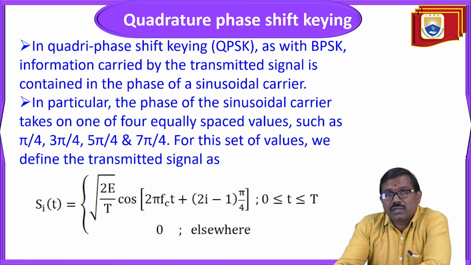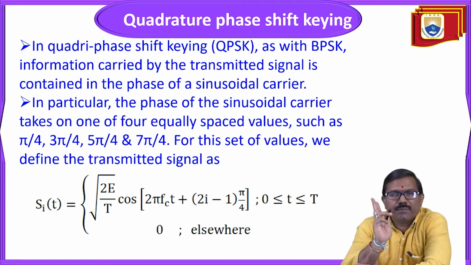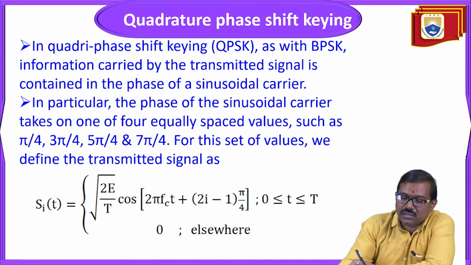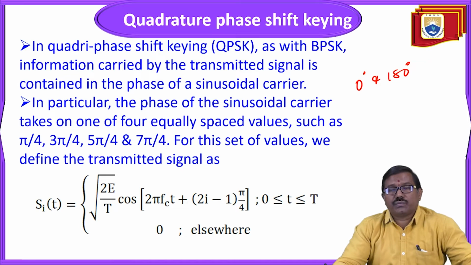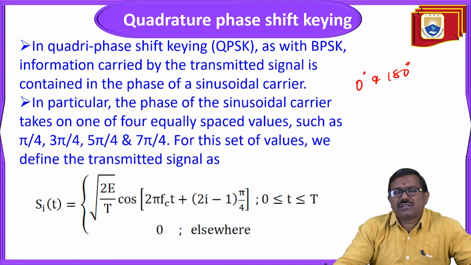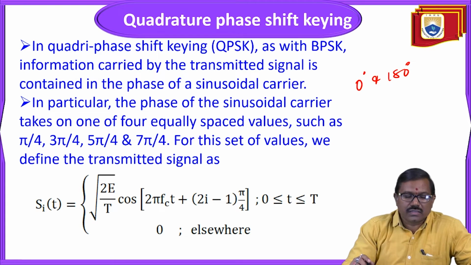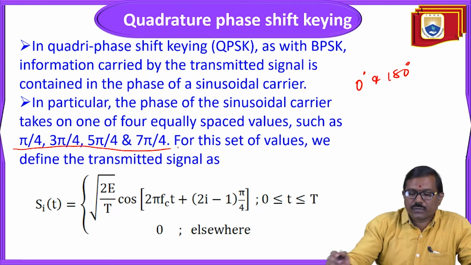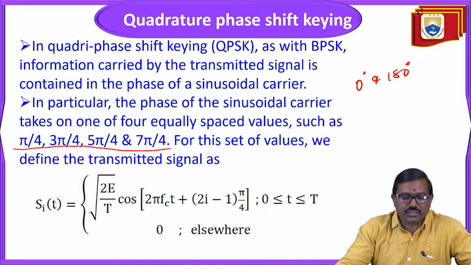That means this carrier can take 4 possible phases. Whereas BPSK has only 2 phases, 0 degrees and 180 degrees, which show the difference between 1 and 0. In QPSK, we use these 4 possible phase values to transmit the symbol.